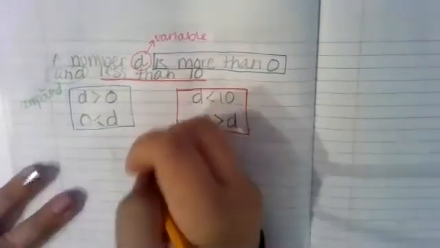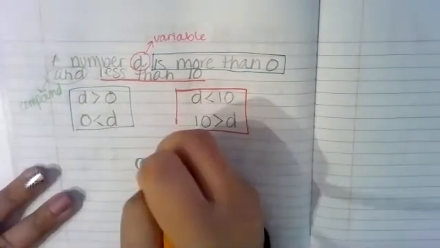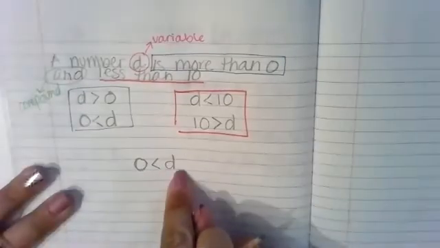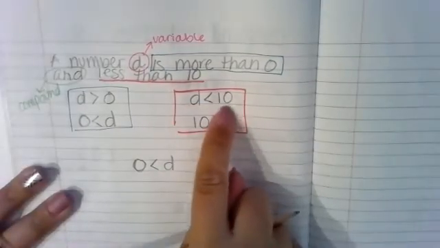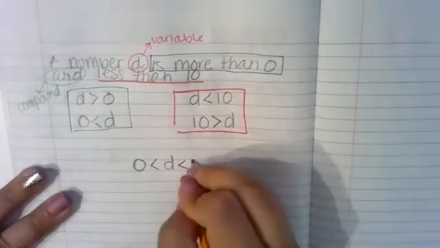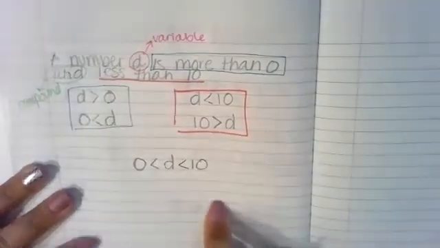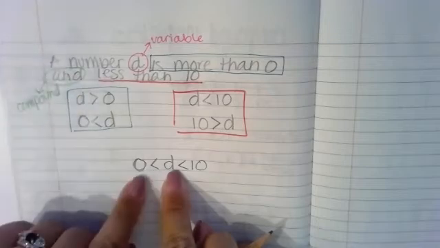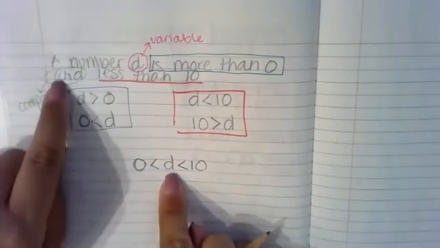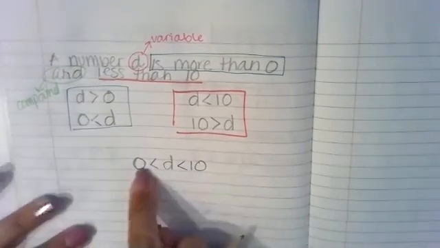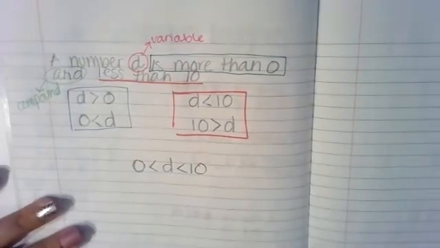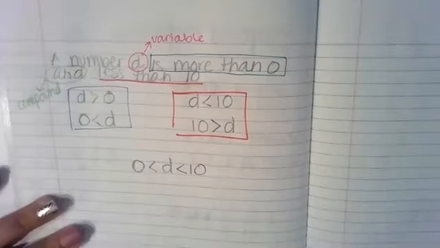So I need to have it written as 0 is less than D. And since D has to be in the middle, I'm going to write it this way, and D is less than 10. And then I go back and I reread. A number, D, is more than 0, showing it's greater than 0, and less than 10. Here you go. I have written this compound inequality. Do I have any questions?